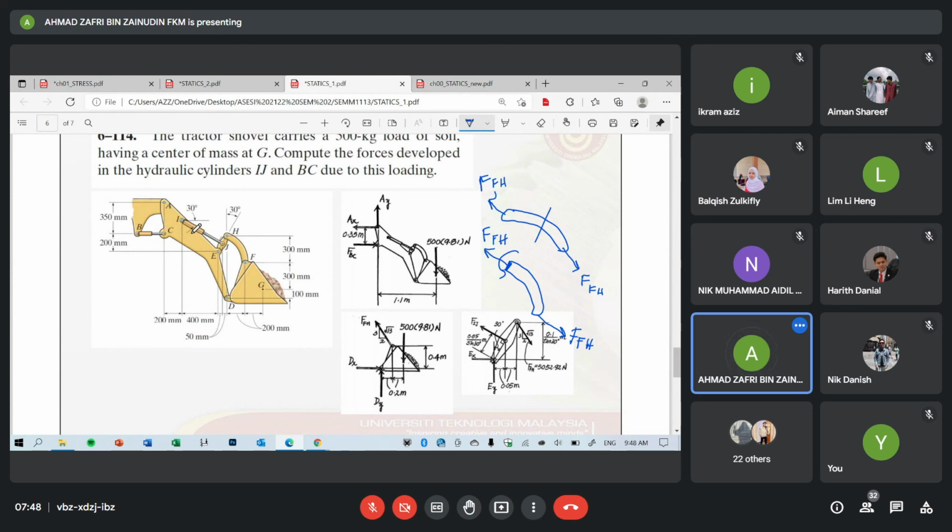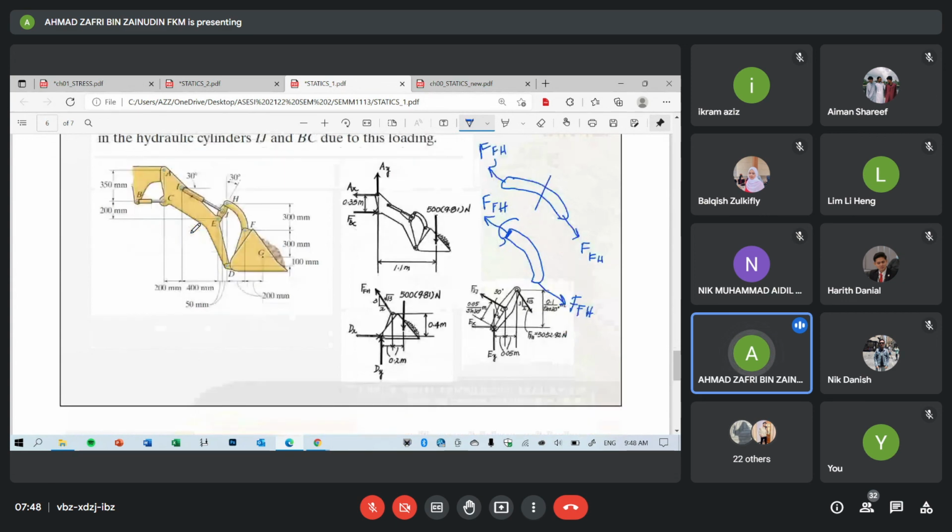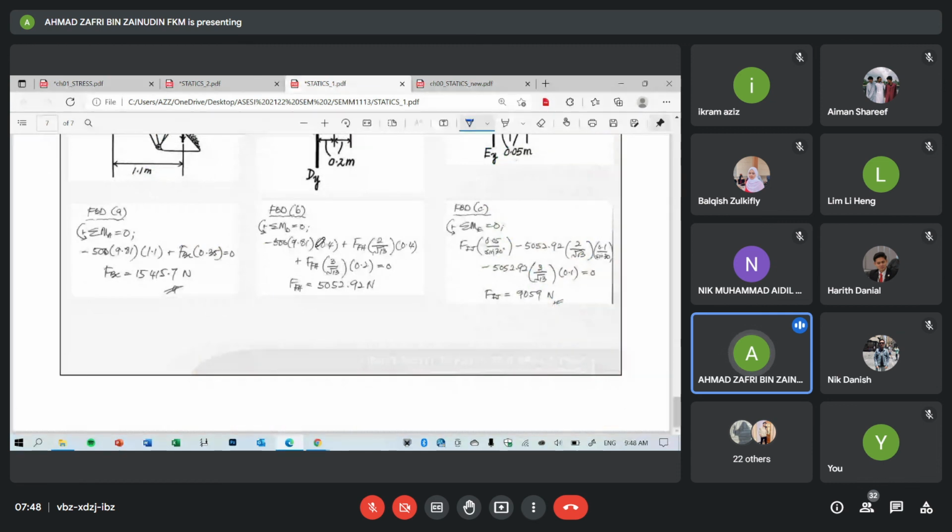You know the internal force, you divide by area, you get normal stress. That's it. But more work is on finding the forces. More work is on statics. Knowledge of statics is really needed in mechanics of solids.